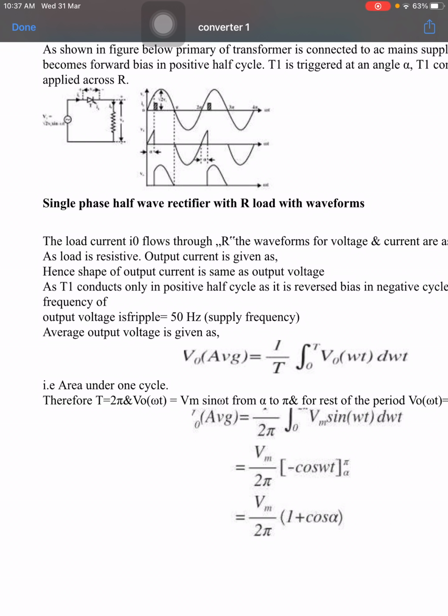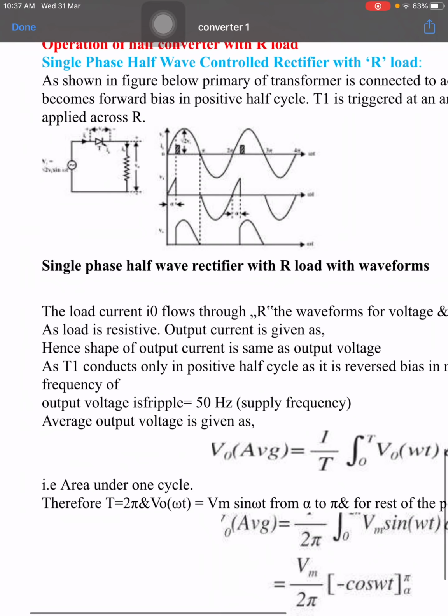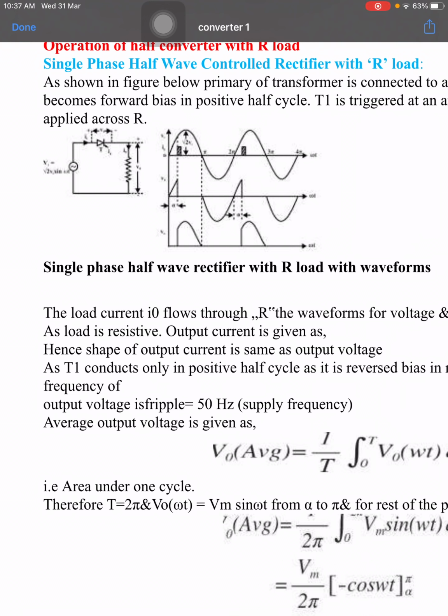We have already discussed half wave, and full wave also we have. This is the half wave representation. When you observe this diagram, how many thyristors do we have? Only one thyristor we are controlling. How are we controlling? If you want to turn on, you can turn on; if you want to turn off, you can turn off.